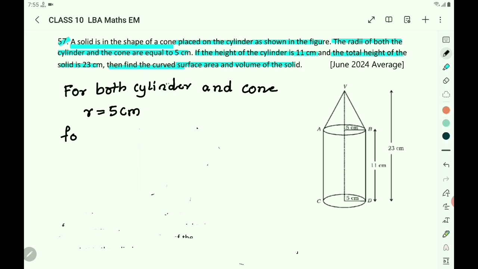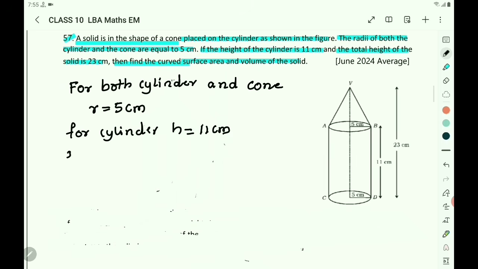Then for cylinder, h is required. Here the height of the cylinder is given. How much? 11 cm. And the total height of the solid is given, that is 23 cm. So directly you write the height of the cylinder, which equals 11 cm.